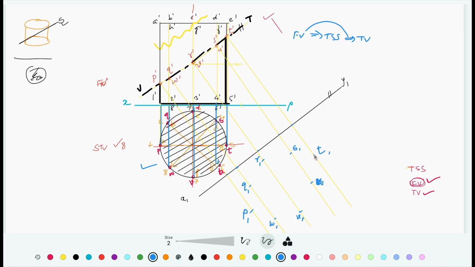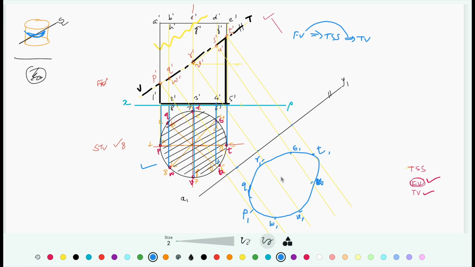Okay, and once you have located all the points, the solid with which we are dealing with is a cylinder, so it is going to have a curved surface. So the points that we have located, all those points are to be connected with a freehand curve.